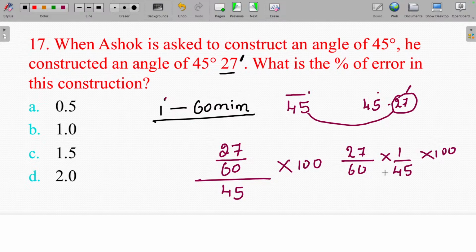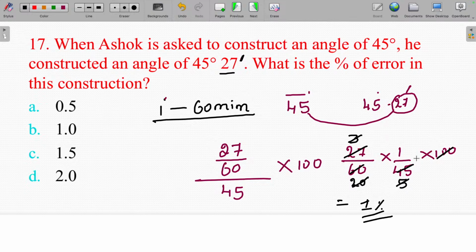Yes or no? 9 3s are 27, 9 5s are 45, 3 1s are 3, 20 into 5 is 100, 100 cancel, the answer is 1. Is it clear? Because 27 into 100 is 2700, and 60 into 45 is 2700, that's why I said the answer is directly 1%.